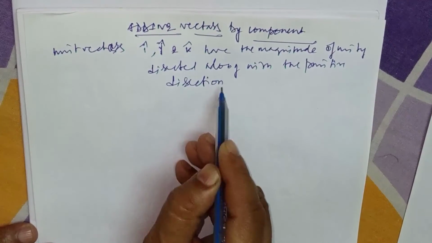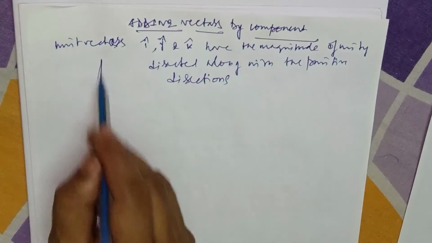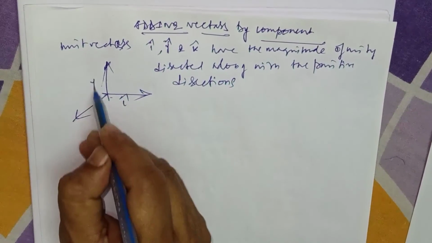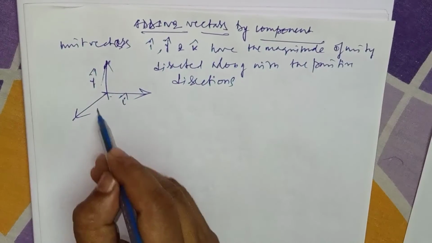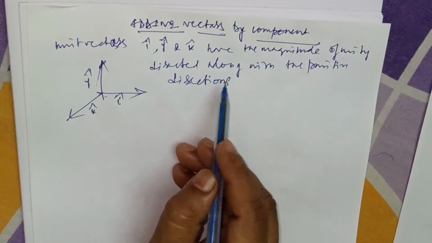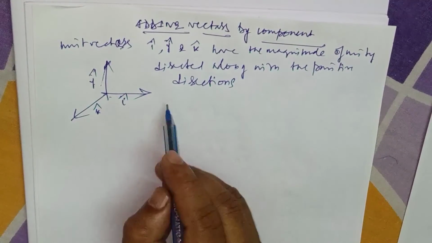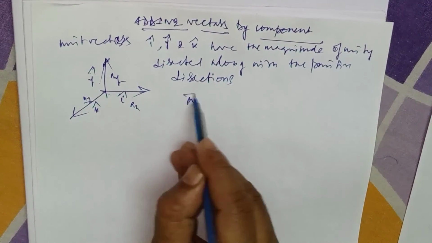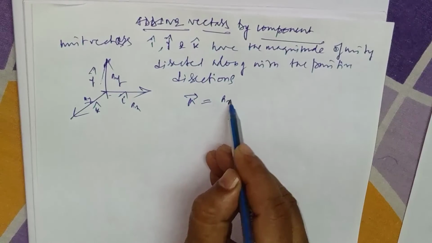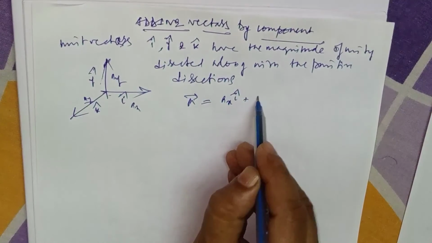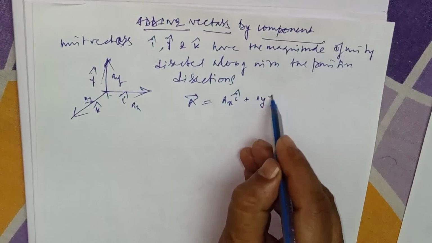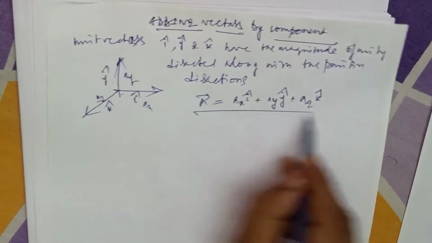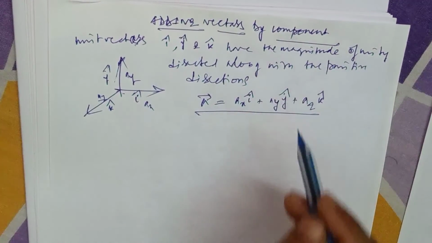So far, this is what we have learned from this picture. From this picture we can see the vector components ax, ay and az. So vector a will be ax i plus ay j plus az k, adding vectors by component.